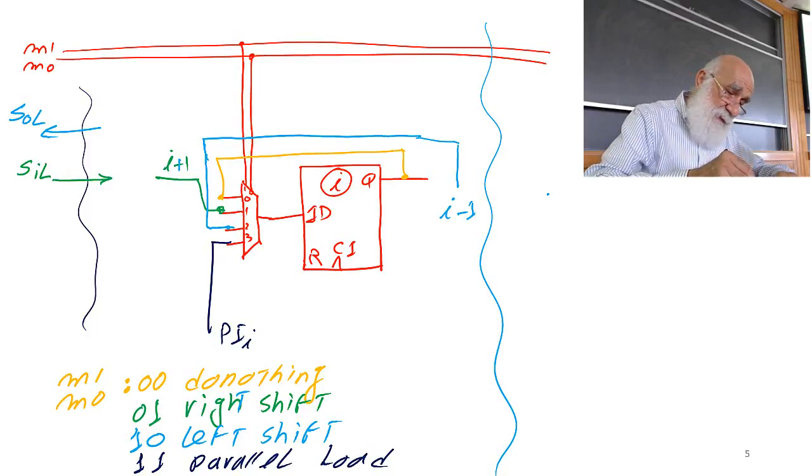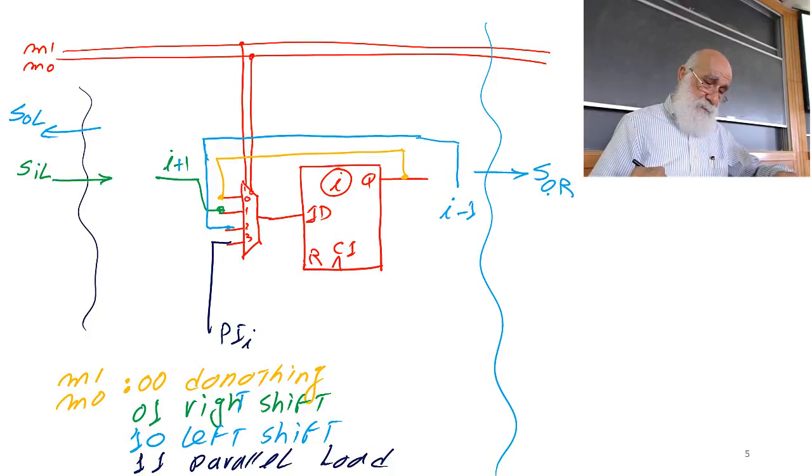Okay, and then bit number 0 has an output which is serial out from the right.